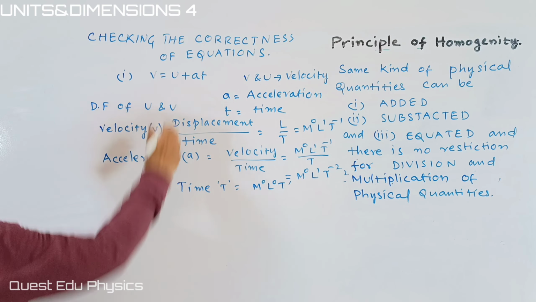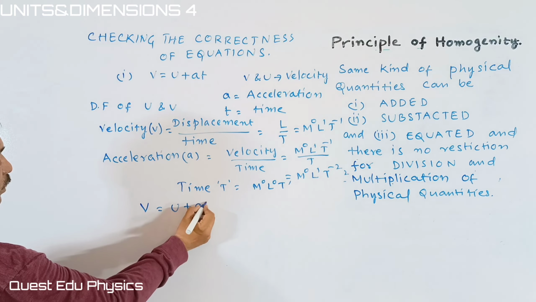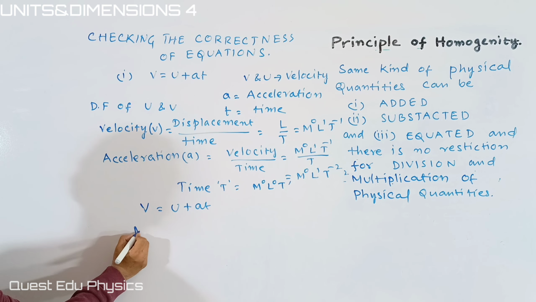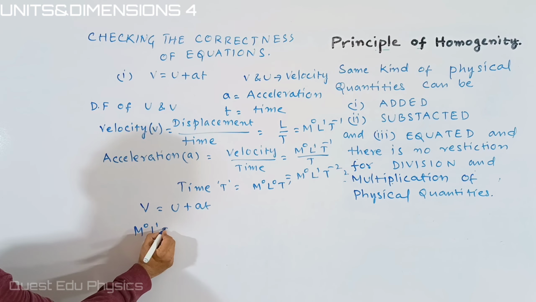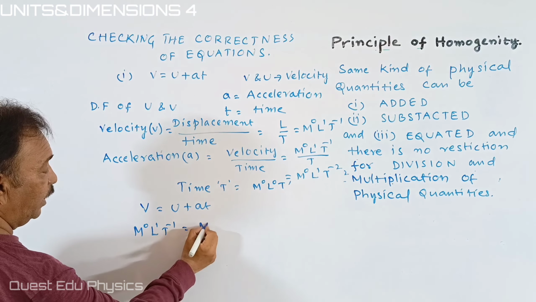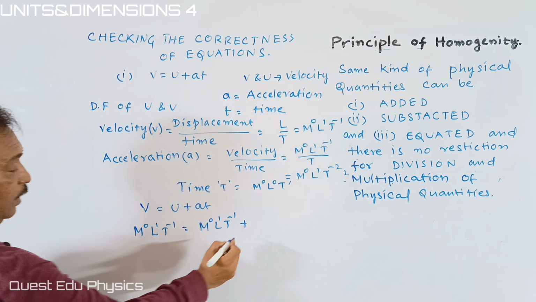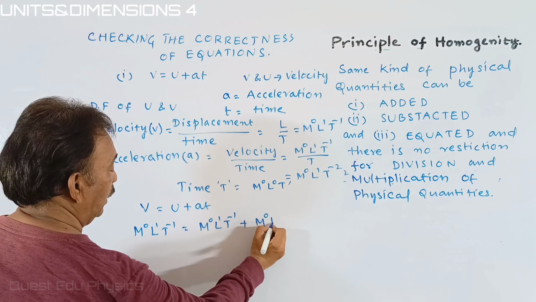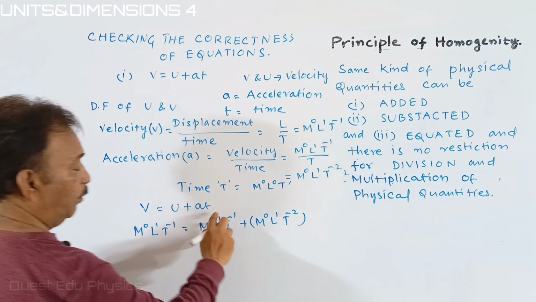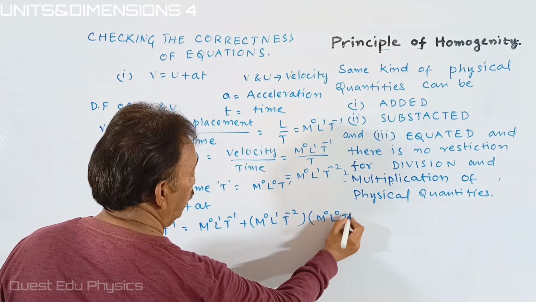Okay, we have to equate them. We have to show V is equal to U plus AT. What we got? Velocity M0 L1 T inverse is equal to U, that is M0 L1 T inverse, plus A, M0 L1 T inverse 2, multiplied with time, that is M0 L0 T1.